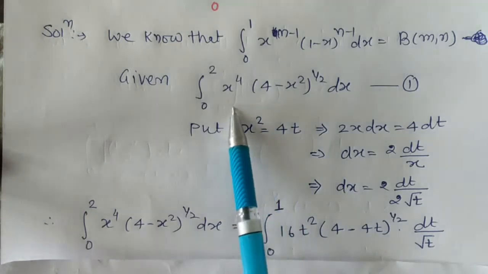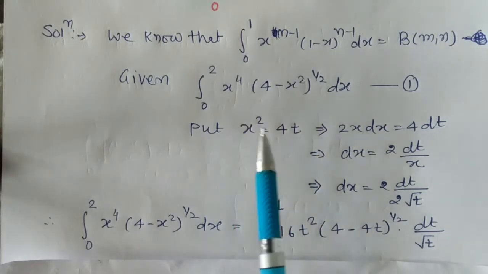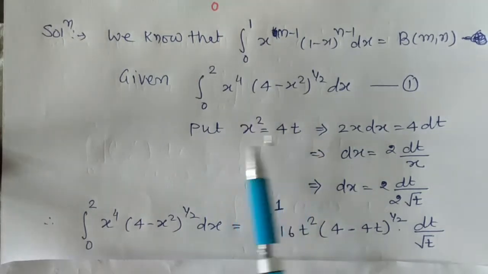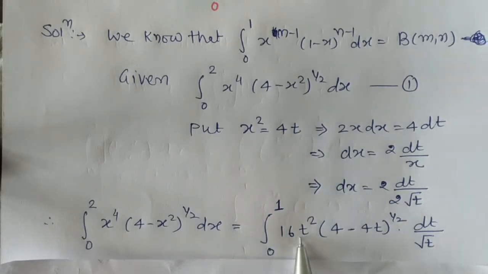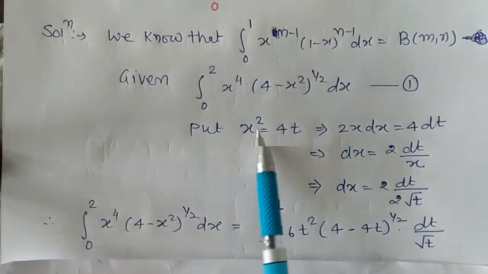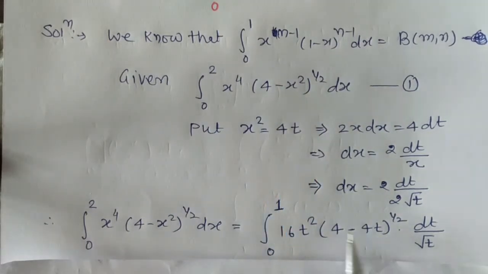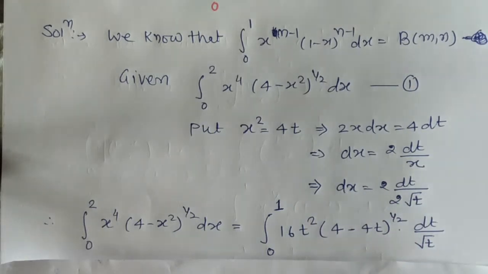Now x power 4: x square is 4t, therefore x power 4 is 16t square. So we have 16t square into (4 minus x square, x square is 4t) whole power 1 by 2 into dx is dt by root t.